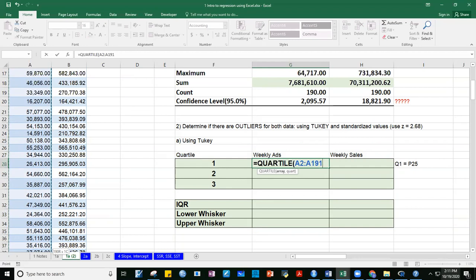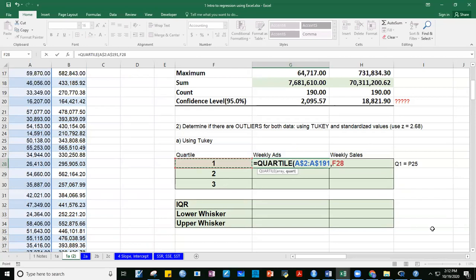Okay, so we have to fix the row. Okay, so how do you fix the row? $8.2 to $8.191 para hindi siya aalis dyan sa row na yan. Okay, and then comma. 1, 2, 3, no? 1.